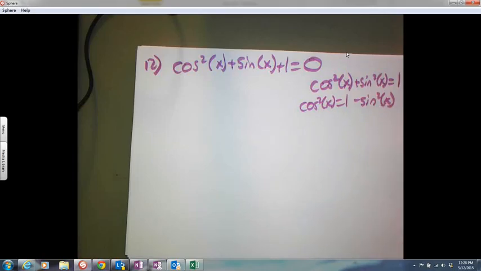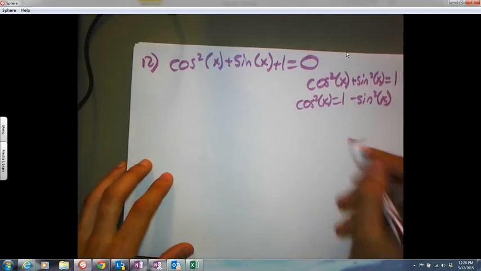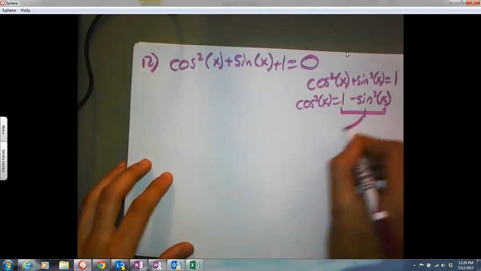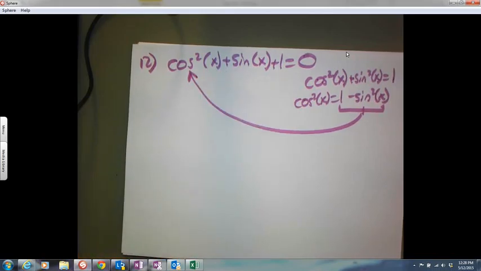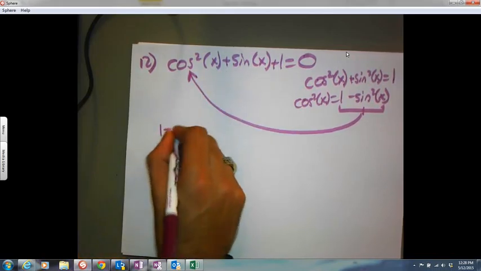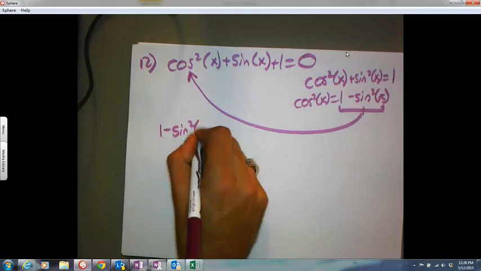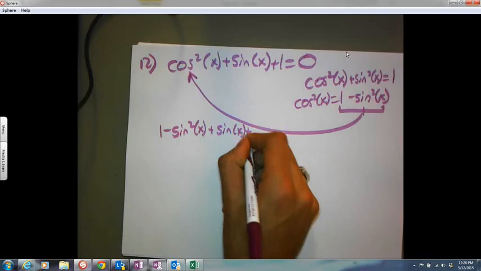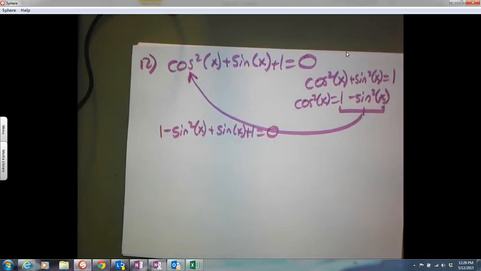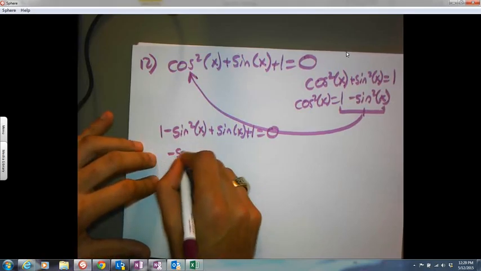That can now replace the cosine squared. So we've got 1 minus sine squared x plus sine x plus 1 equals 0. Combine like terms. Negative sine squared x plus sine of x plus 2 equals 0.